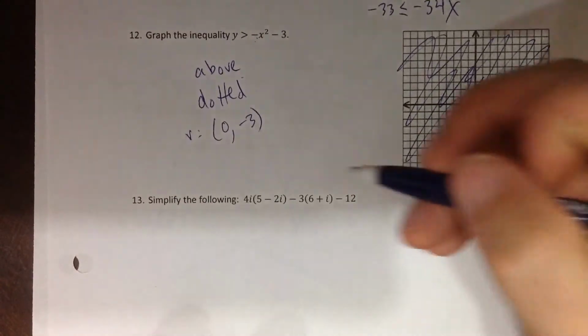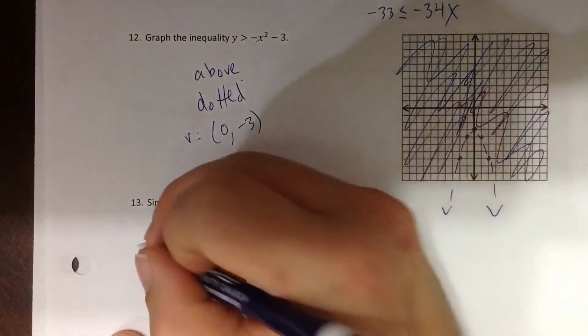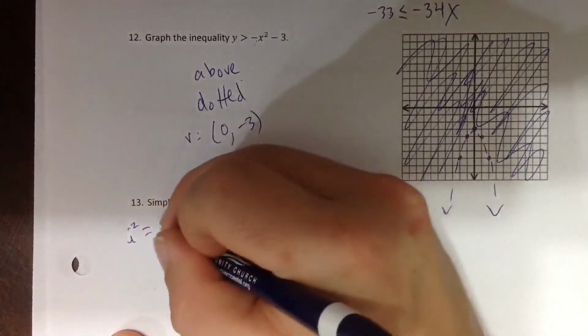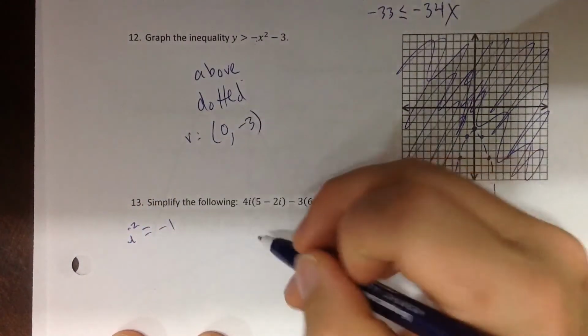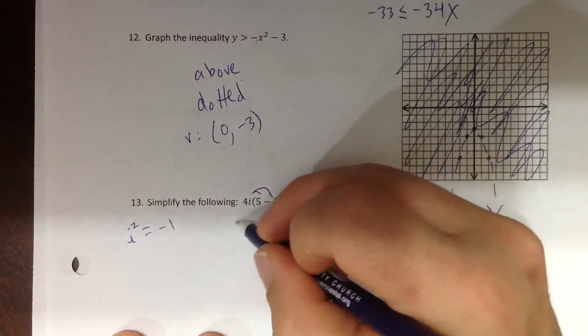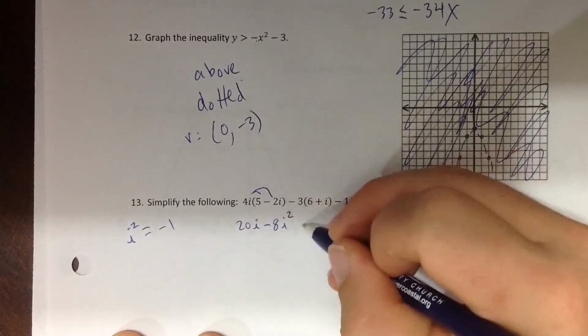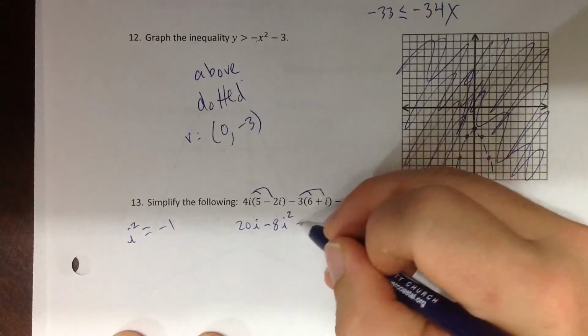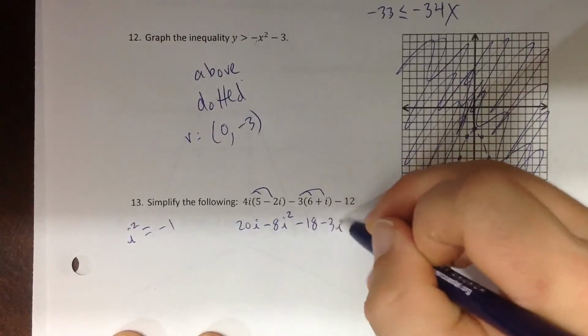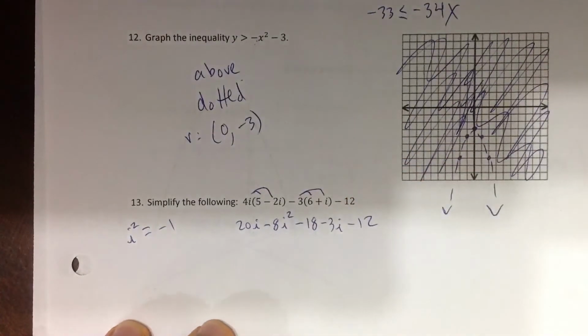Number 13, just as a reminder, anytime you have i squared, it is equal to negative 1. We're going to distribute the 4i, so that's 20i minus 8i squared. Distribute the negative 3: minus 18, minus 3i, and minus 12 at the end.